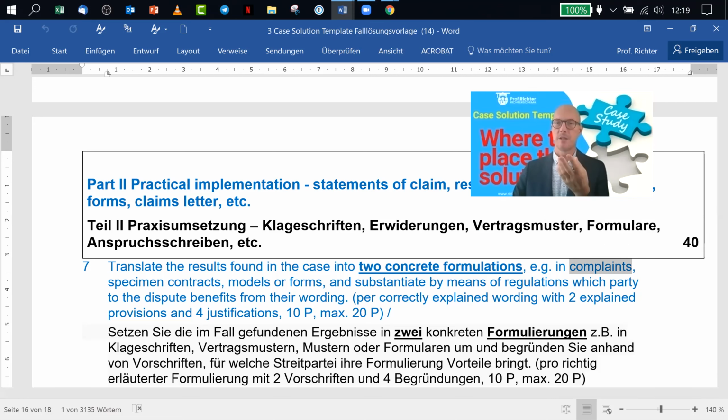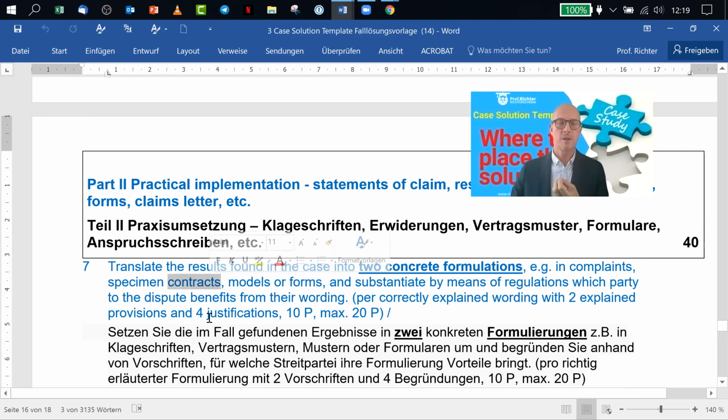If the buyer is not satisfied, he says there are defects in this product, he will sue you, and in this complaint he will explain this defect and that defect, and I want you to give me back the money or to repair it. Or you can also have models of forms, or you give me a contract. You can make a formulation in a contract.